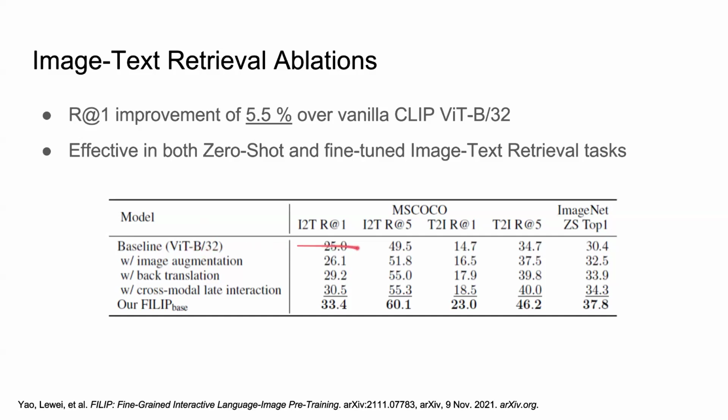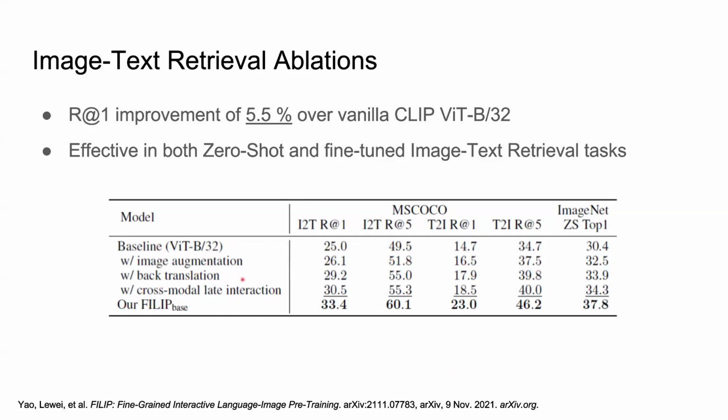So this is CLIP right here. We see CLIP's results. And then for FILIP, they add some image augmentation. There's a 1% increase in performance. That's okay. They add the back translation task, and that gives it a boost. That gives it like a 4% increase across the board. Well, maybe not here, but yeah, mostly.